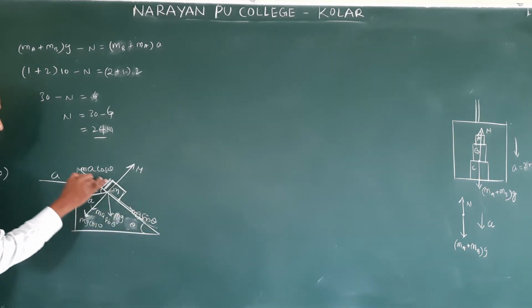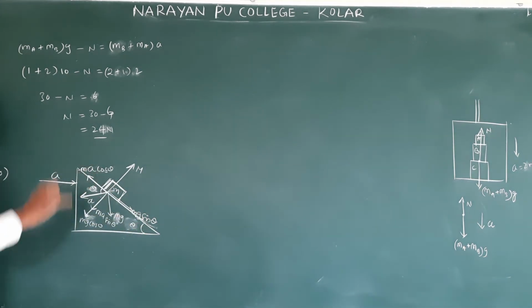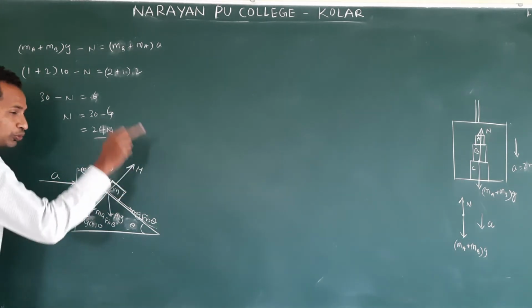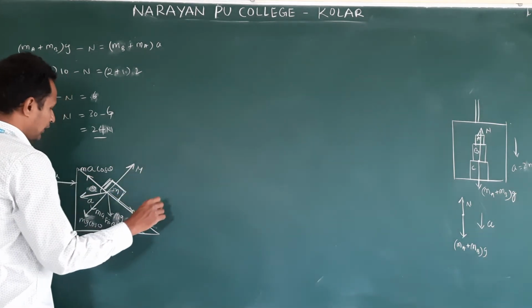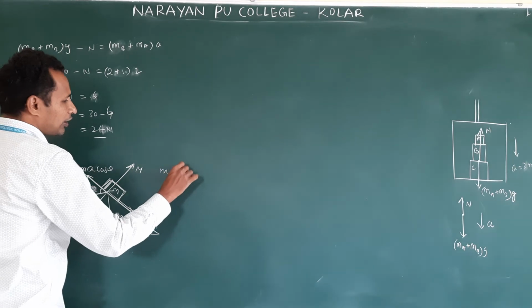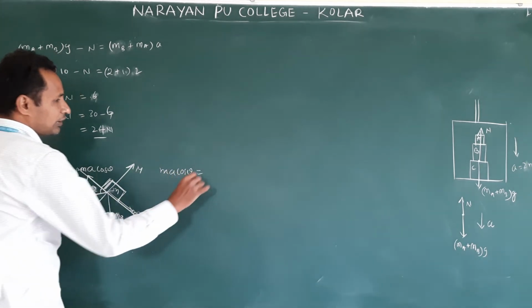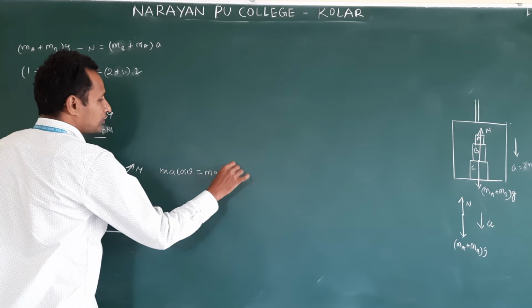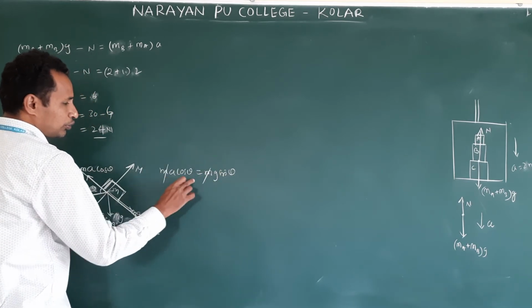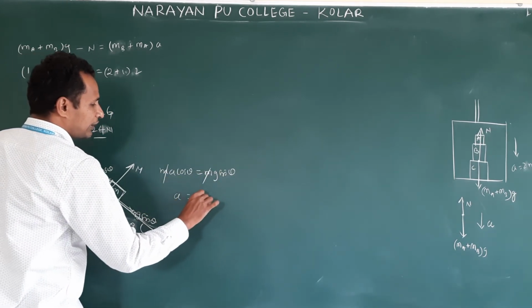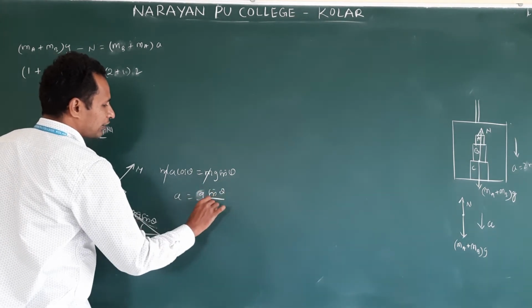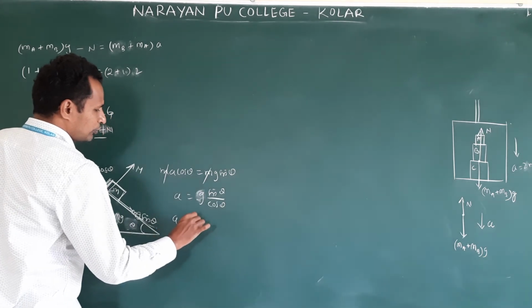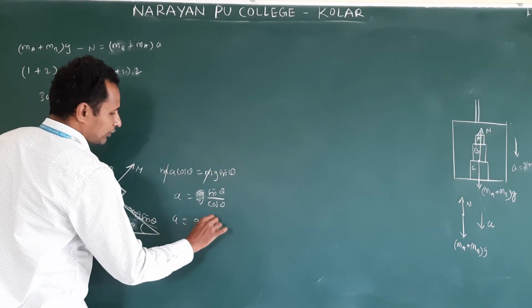This mg sin theta and ma cos theta balance each other, because according to the question, these two blocks move together. So along the inclined plane, what acts up the plane is ma cos theta, which balances with mg sin theta; m cancels. So A is g into sin theta by cos theta. So A is equal to g tan theta.